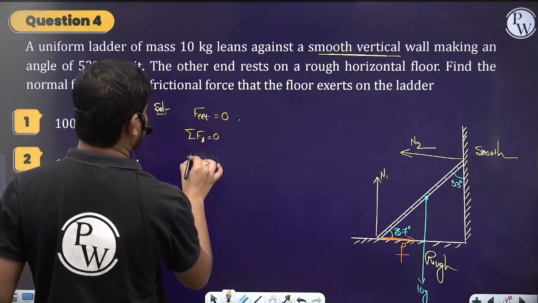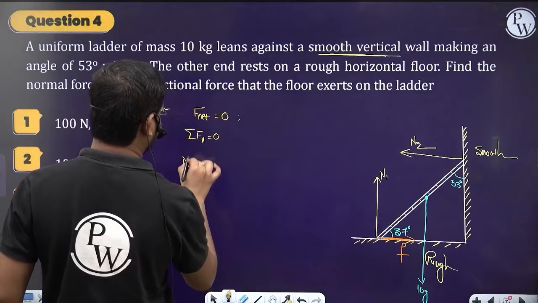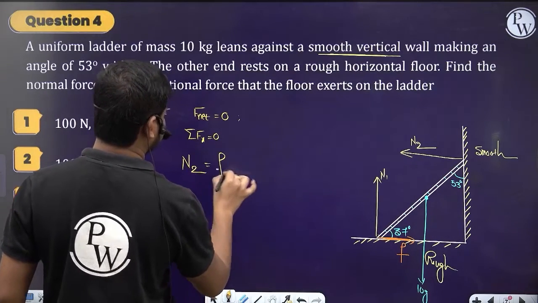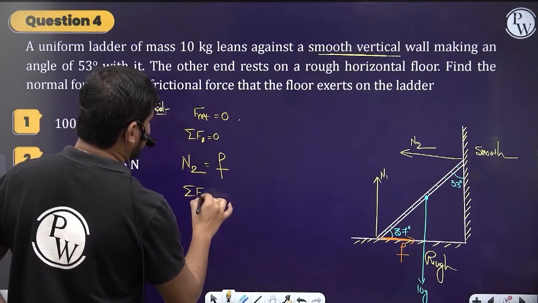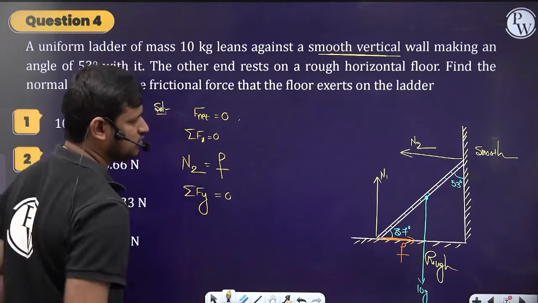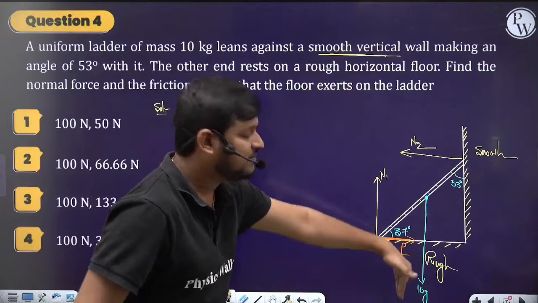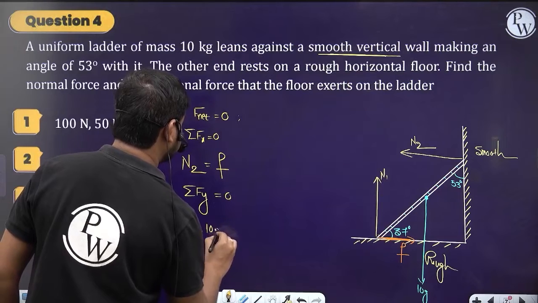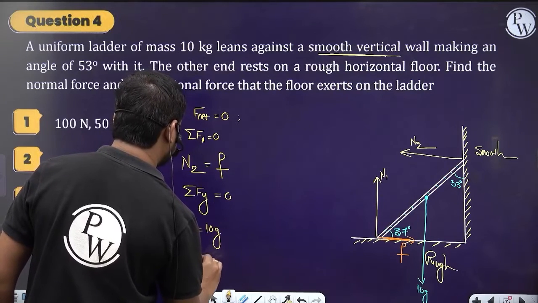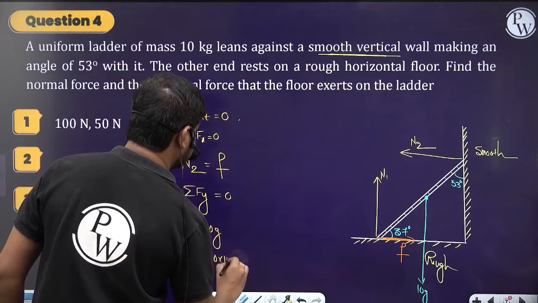So N2 will be equal to F. Then take the summation of forces in the y direction as 0. N1 will be balanced by 10g, which is nothing but N1 is equal to 10 into 10, which is 100 newtons.